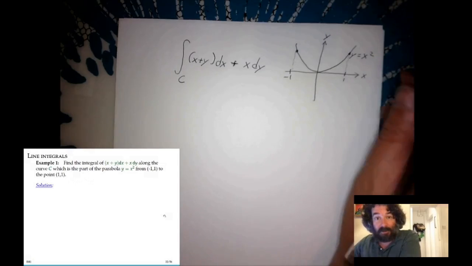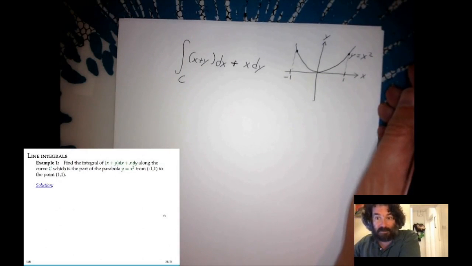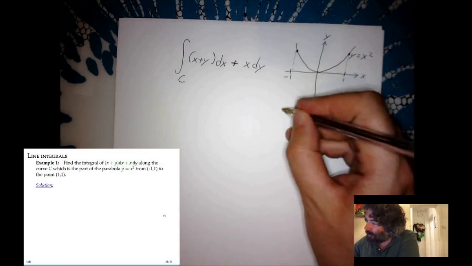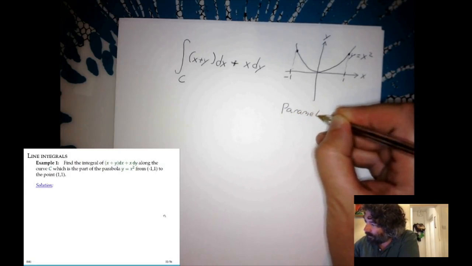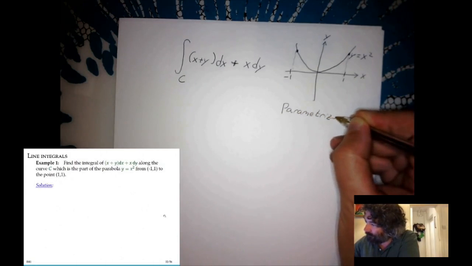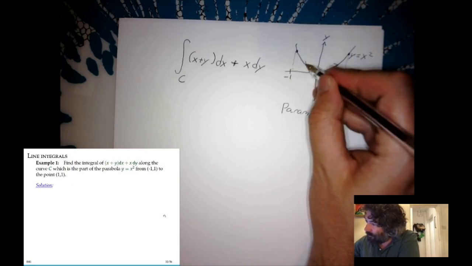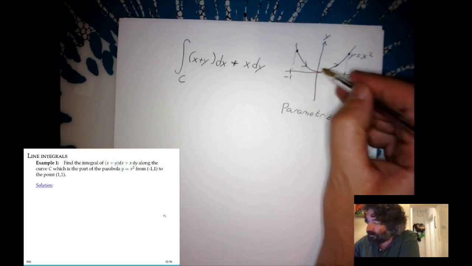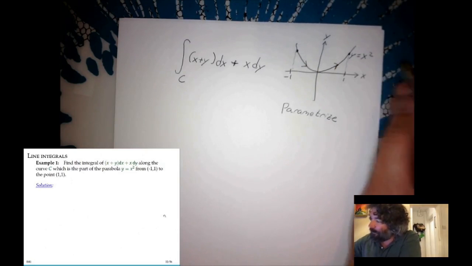Okay, and so how do we parameterize this curve? That's the first thing that we need to do in order to evaluate this line integral. So, let's discuss how to parameterize this curve C. And as I said, it is important which direction the curve goes. It goes here from the left to the right, so following these arrows.